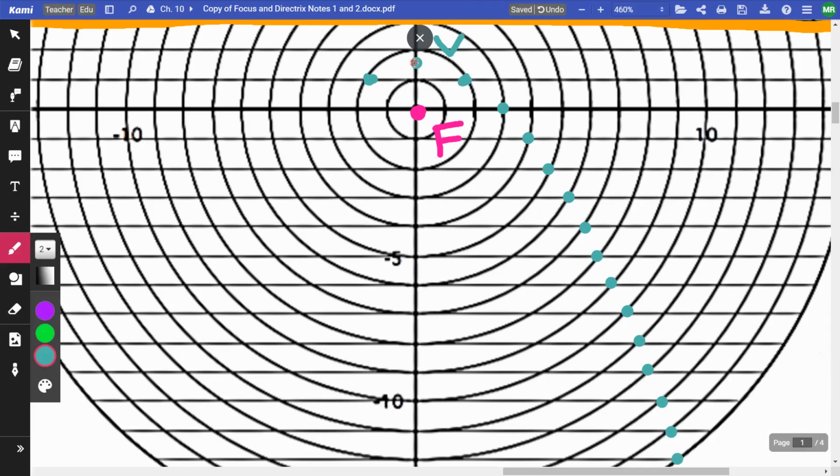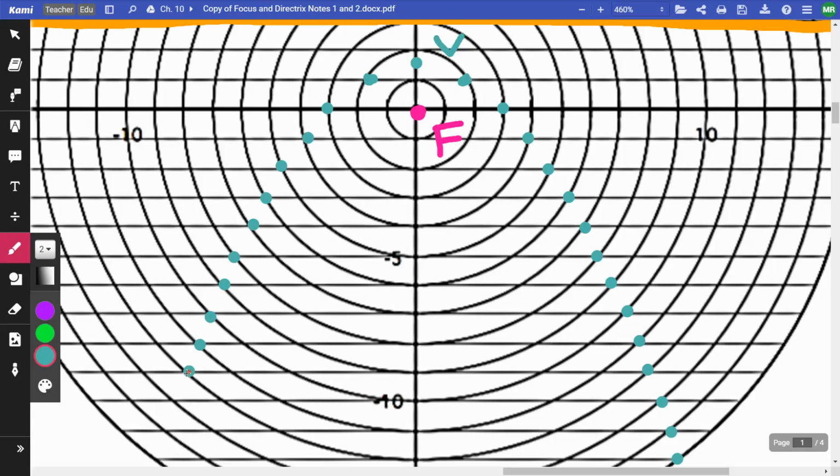Okay, so again, I went out to my circle 2, and then I need to be 2 away from my directrix. From here, I'm going to go out to circle 3, but I need to be 3 away. So I go down 1, out to circle 4, down 1, out and then down one, and I keep doing that.